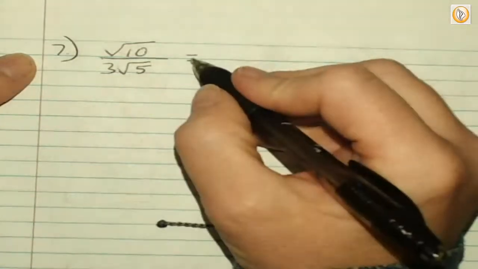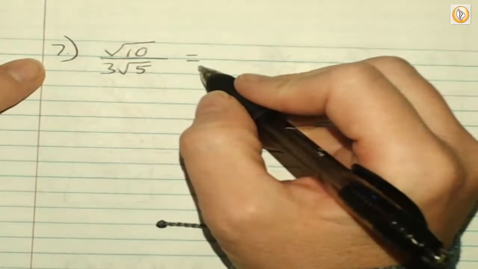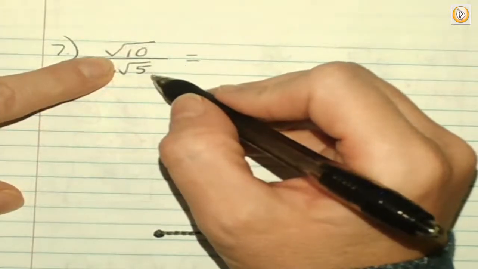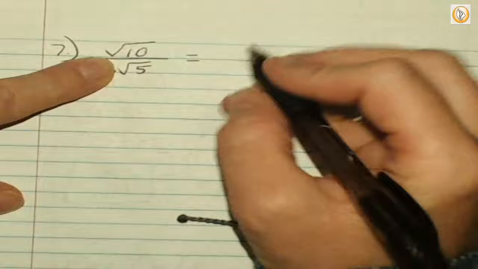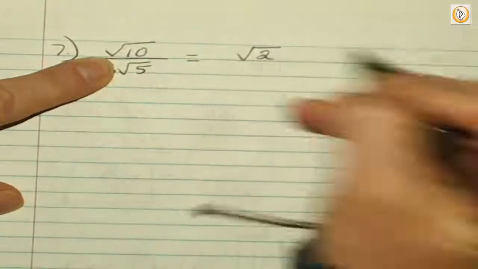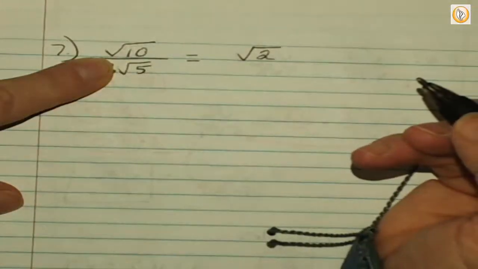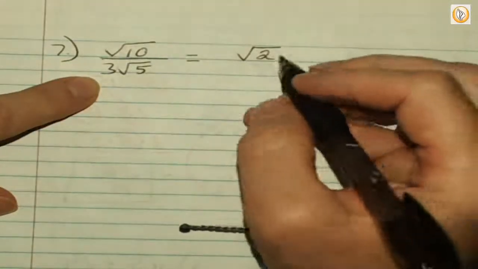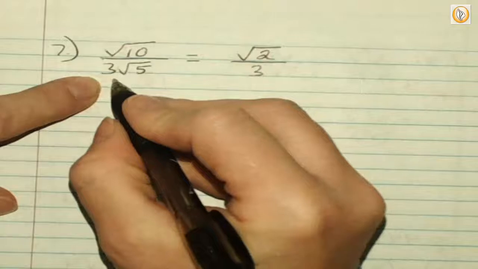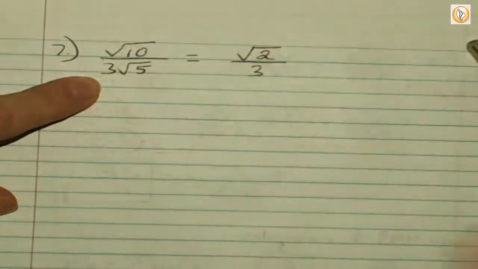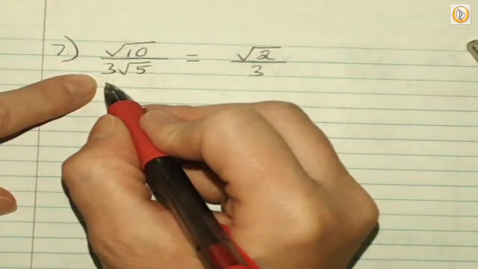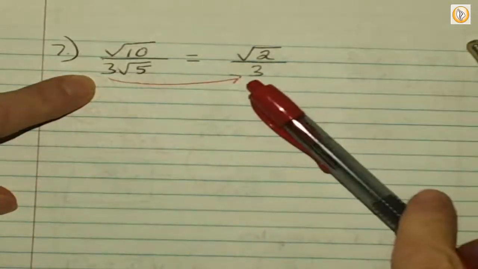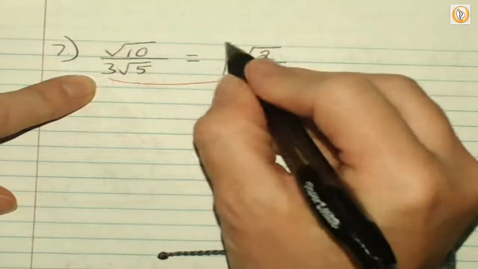And what do you get? So can the square root of 10 be divided by the square root of 5? So your answer is square root of 2, right? So then what do I do with this 3? It's in the denominator, yes? Okay, so then it stays in the denominator. There's no more radical, so this is simplified as far as it can go.